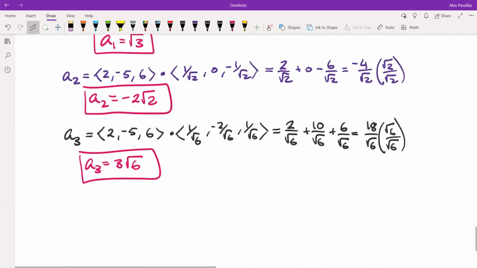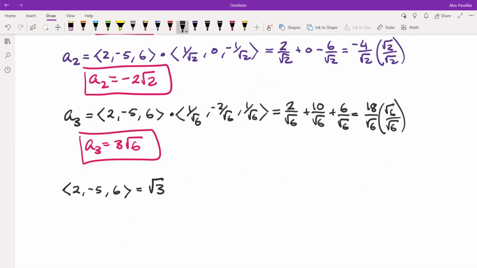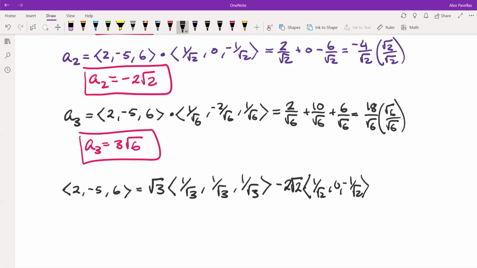So if this works at all, our V, 2, negative 5, 6, should be equal to A1, which was square root of 3, times our first basis vector, 1 over root 3, 1 over root 3, 1 over root 3, and then plus A2, so minus 2 root 2, times our second basis vector, 1 over root 2, 0, minus 1 over root 2, and then plus A3, so plus 3 root 6, times our third basis vector, 1 over root 6, comma, negative 2 over root 6, comma, 1 over root 6.